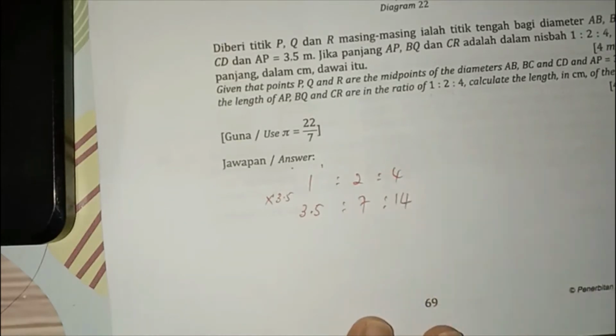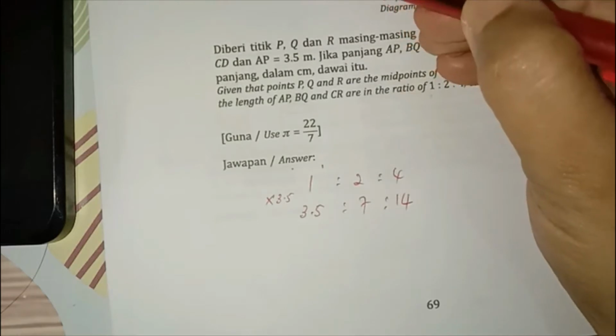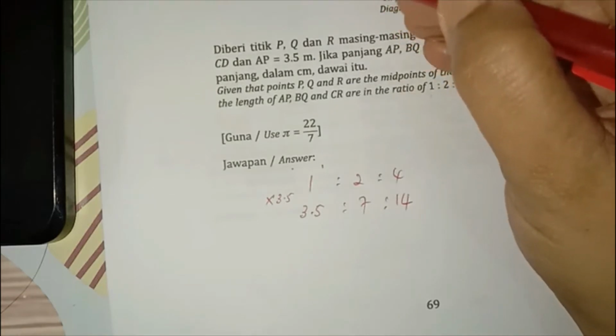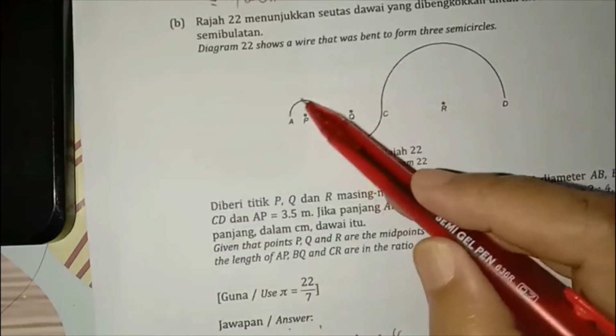Okay, that one is the radius. So to find the length of this one is the circumference of the semicircle. Okay, actually this one you can see is a semicircle.